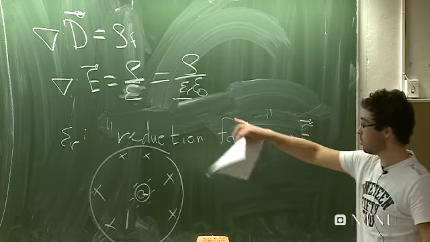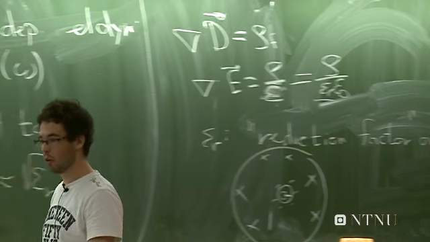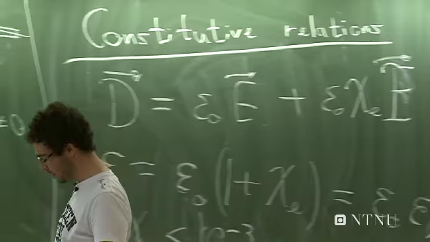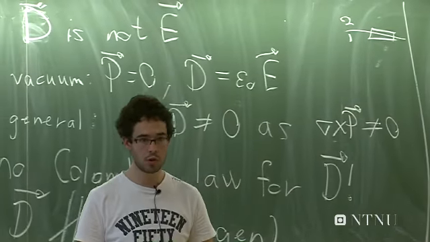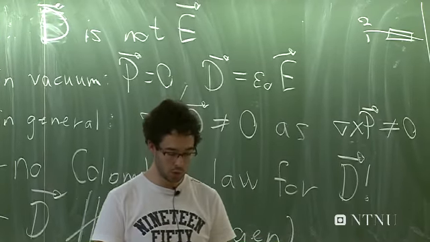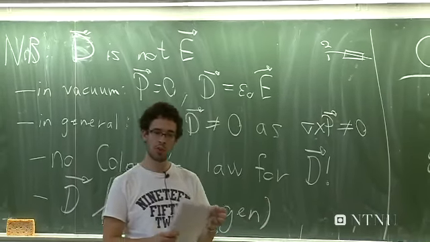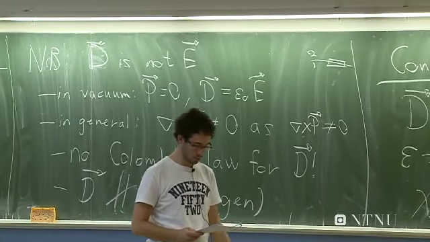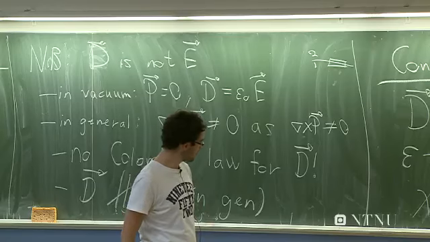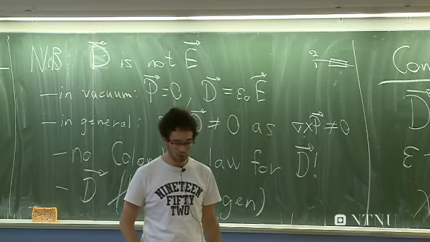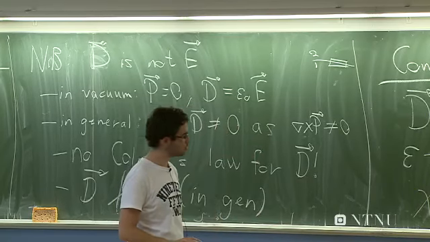So epsilon r is just some screening factor in this case. So for linear dielectrics, we might as well work with D or E equivalently. It's usually easier to work with the D field directly. So that concludes the linear materials.